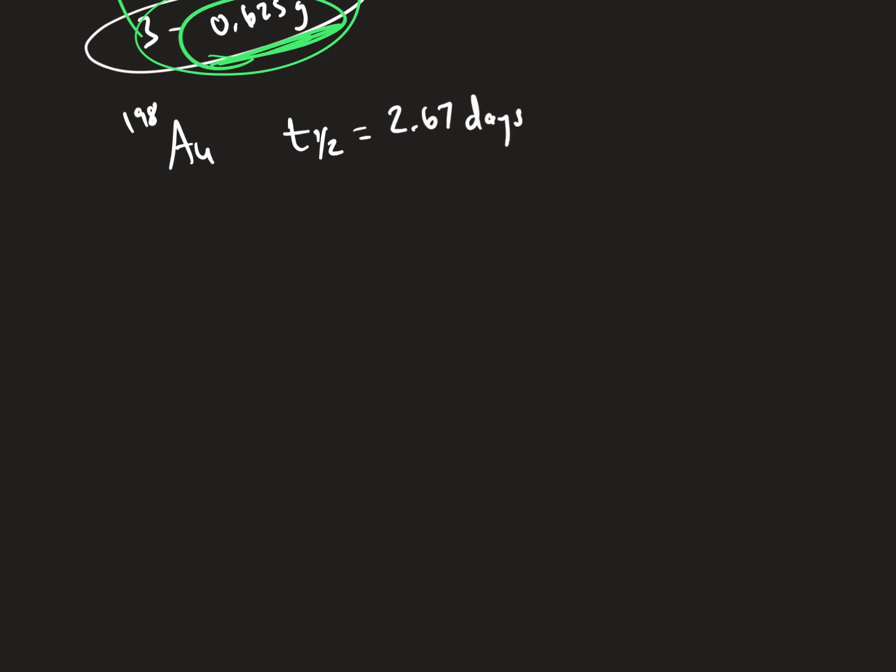We start with a 14.5 nanogram sample. How do you know it starts? Because then it says how much is left after a time of 8 days, right? How much is left over?